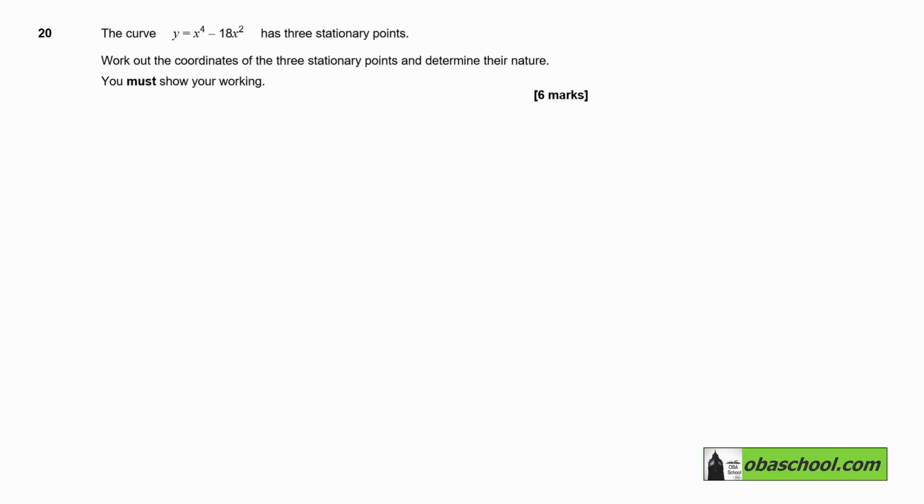Well, the first thing to do here is going to be differentiate. And that's going to give me 4x cubed, take away 36x. And we're interested in that being equal to 0. So, take out 4x, and then we would have x squared minus 9.